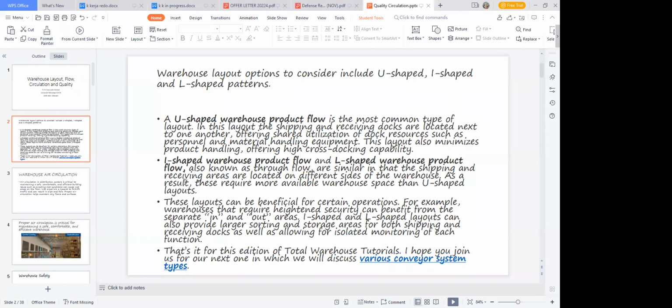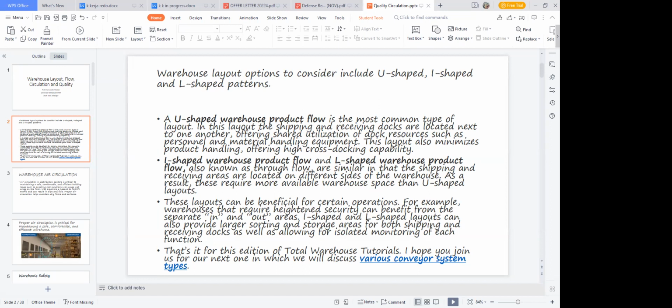A bigger size means we have to pay more; it is more costly compared to a small warehouse. Especially in international business, sometimes we have to really focus on cost saving. So whether U-shape or I-shape depends on our company policy.